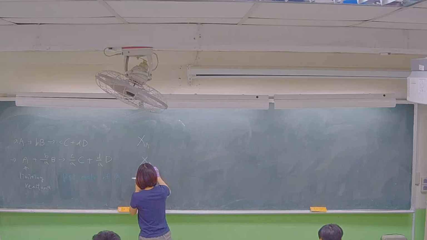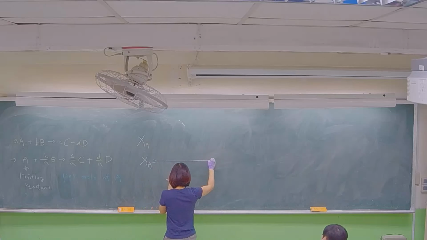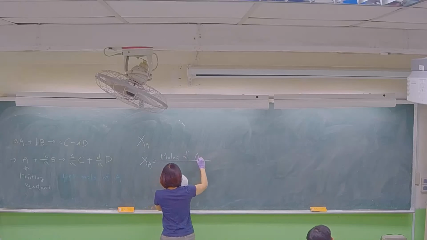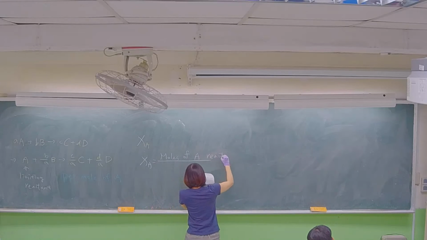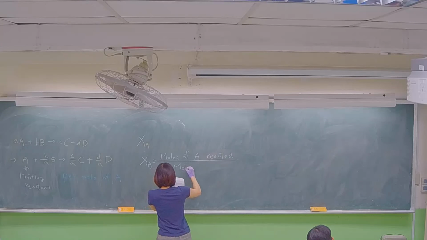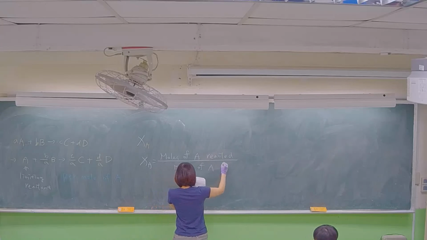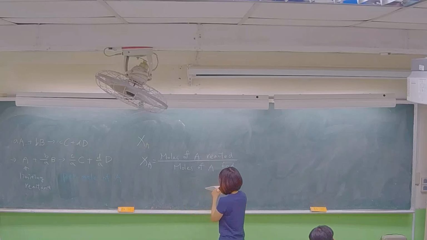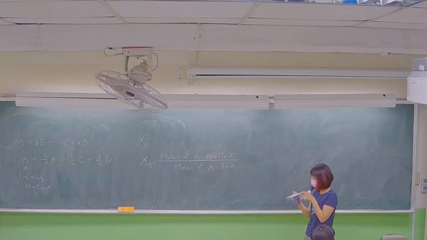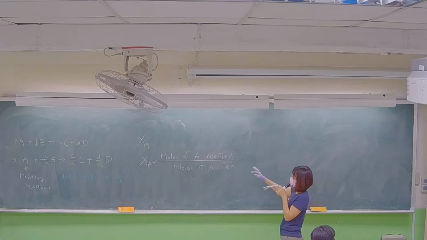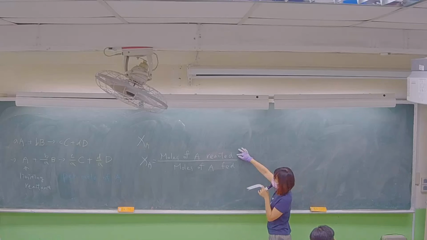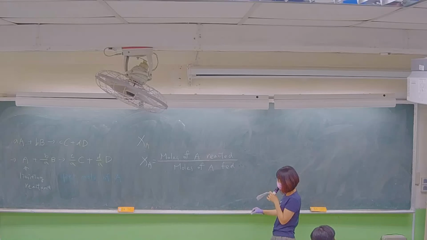So X is defined as moles of A reacted over moles of A fed. It is the definition. How much A you put in the reaction, then how much A reacted, that is the conversion.